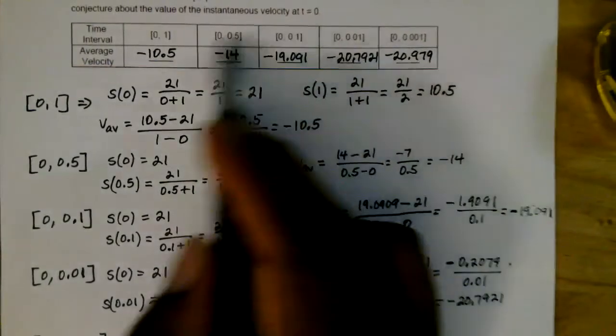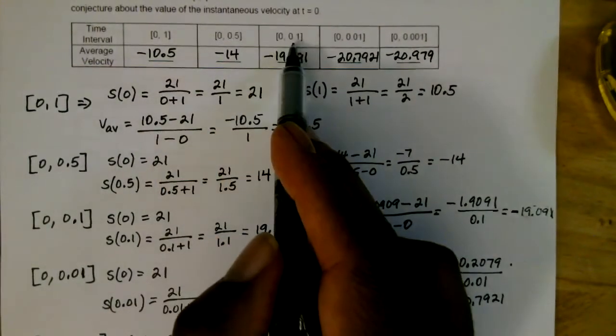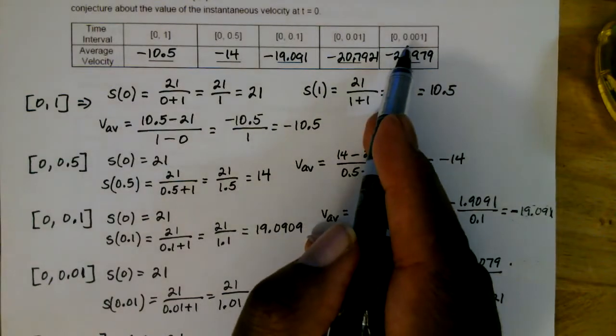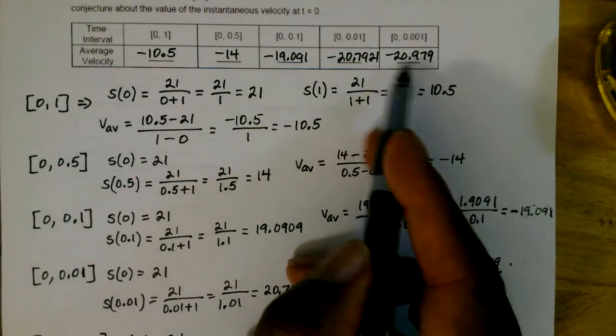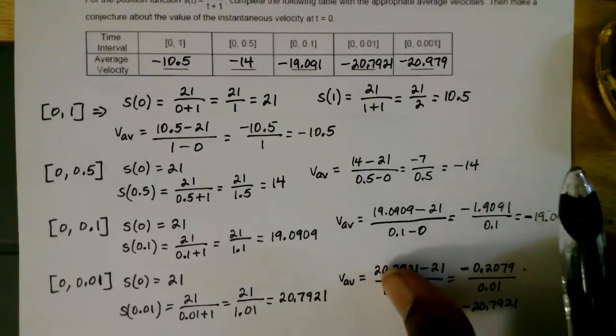Now, as we let the second endpoints get closer and closer to zero, the average velocity is getting closer and closer to what value? In this case, getting closer to -21.